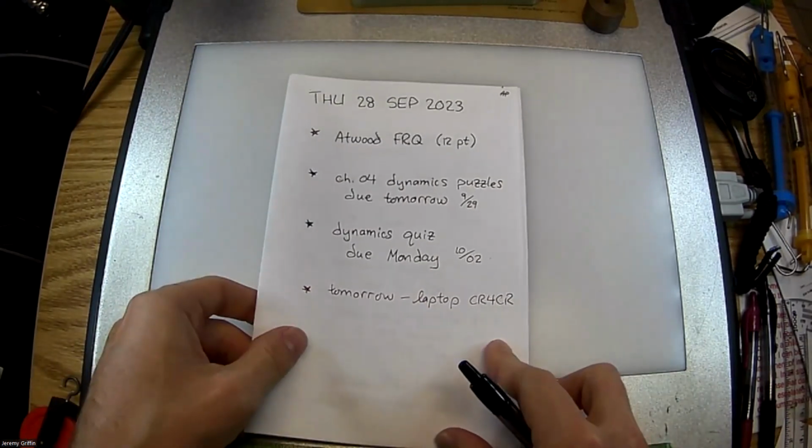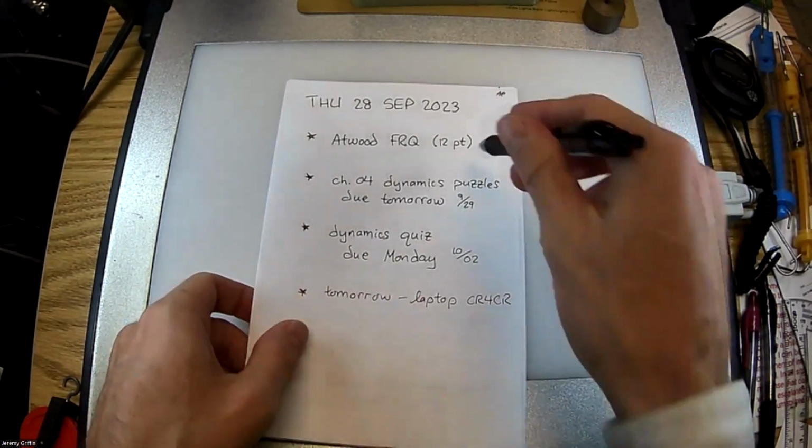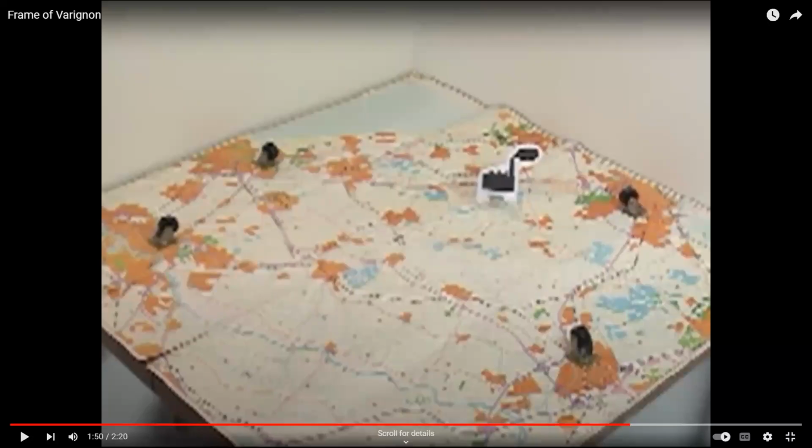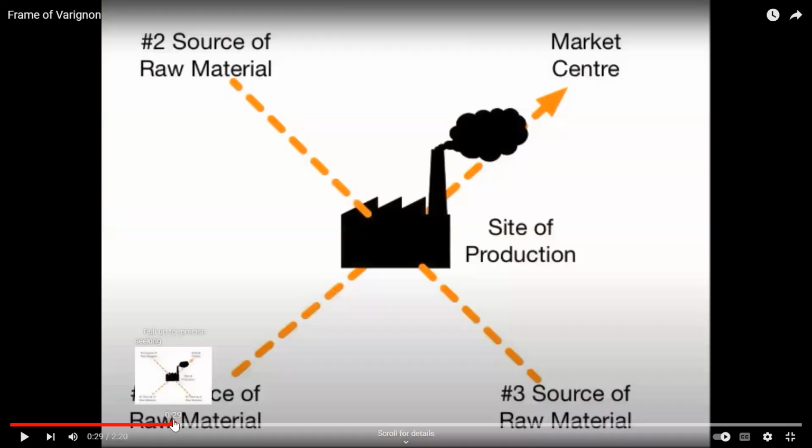Before we get to this type of stuff, what I was hoping I'd be able to fit in class but wasn't quite able to, let me show you what I'm doing with my honors students, because this is pretty cool. Suppose you have this problem where you're trying to build a factory. You're trying to figure out what's an optimal location for the factory based on transportation costs.